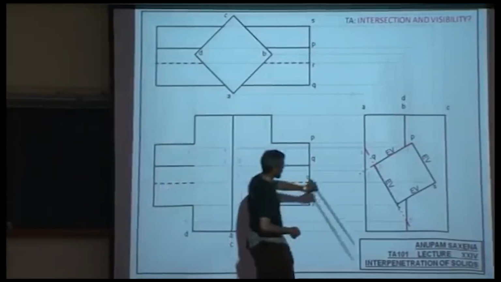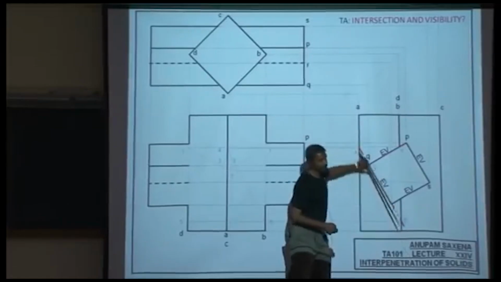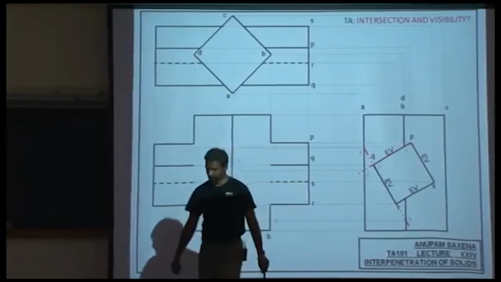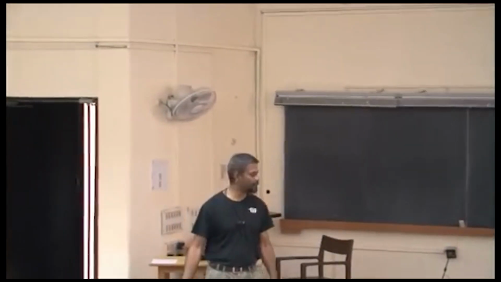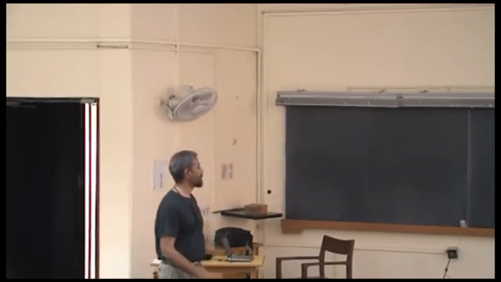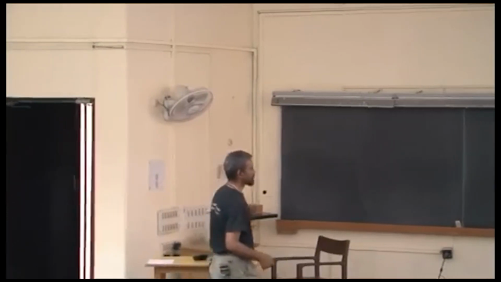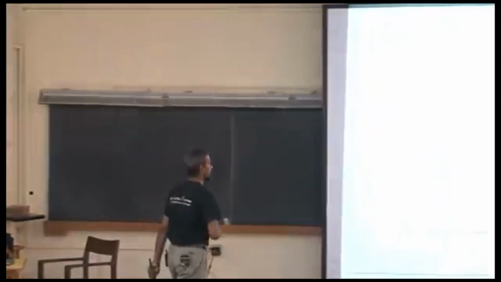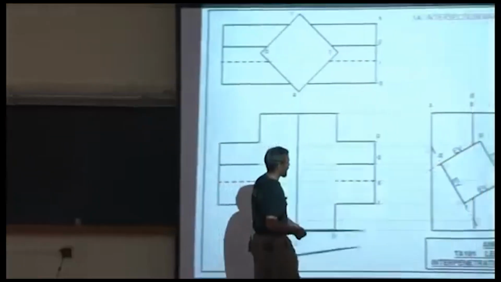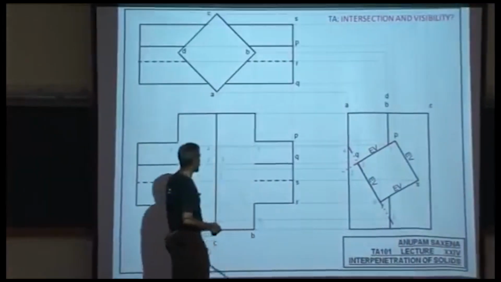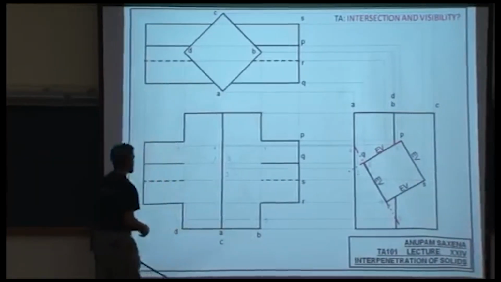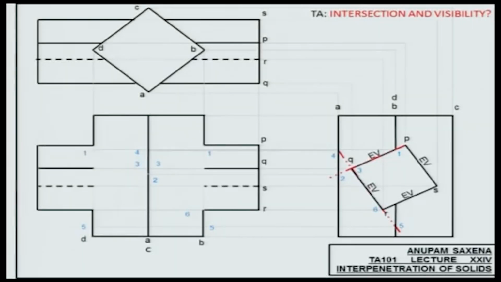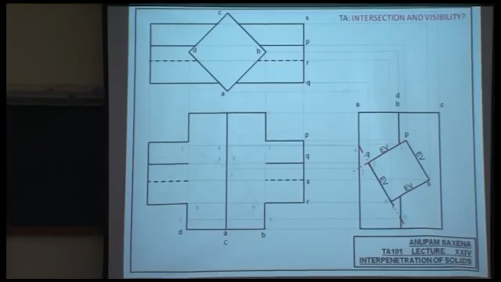If you extend this plane, 4 and 5 will be the actual straight line between the two planes, representing the intersection between them. This is point number 6, which is the real intersection, and point number 6 is going to be lying on 4, 5 here and here.